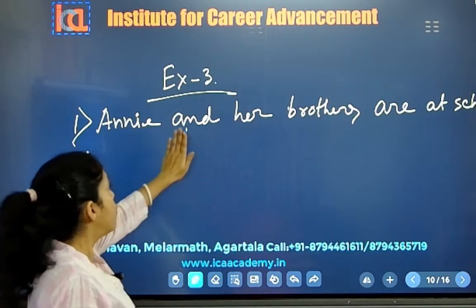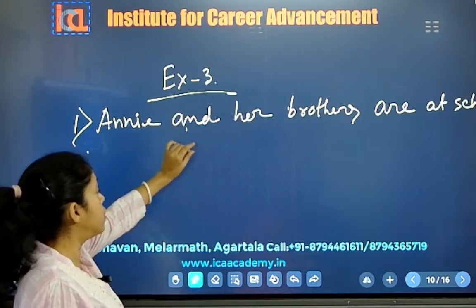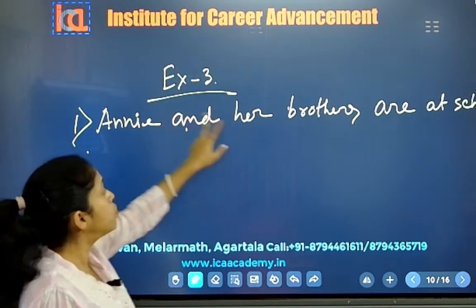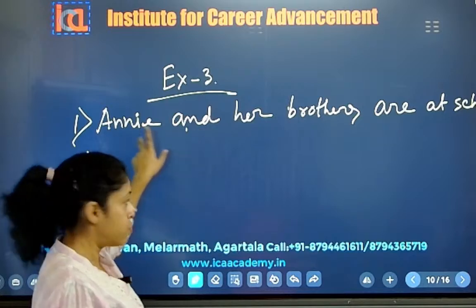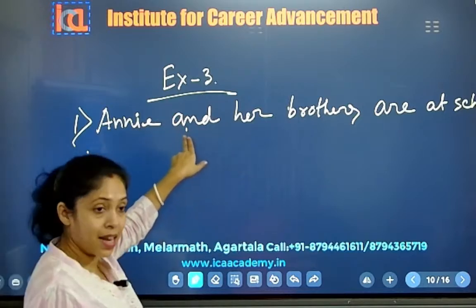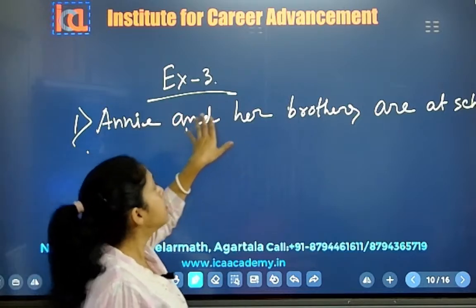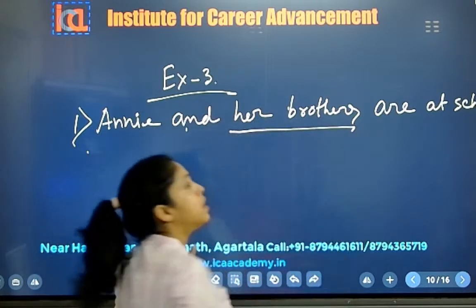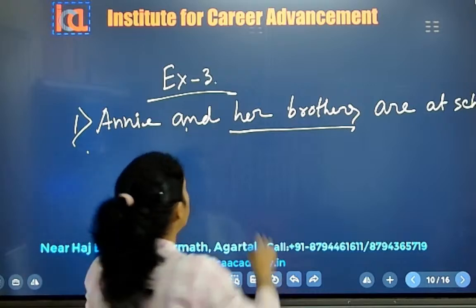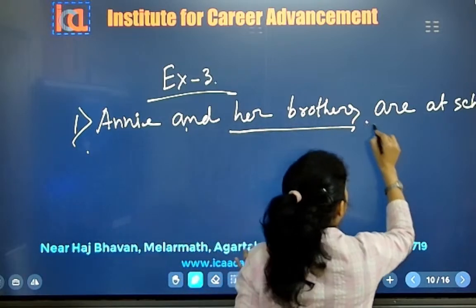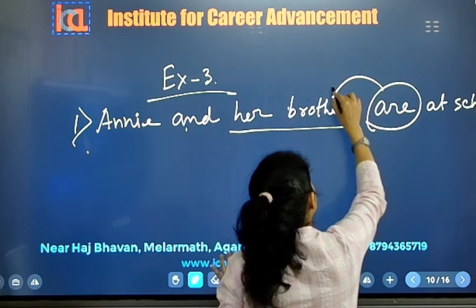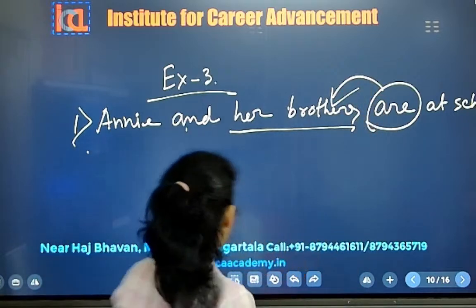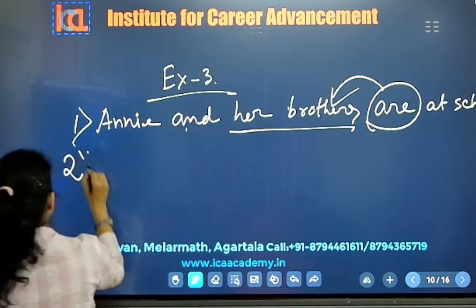Whenever two nouns are joined by and, then for using verb, we will always choose the second part of the subject. Annie and her brothers are at school. This is agreeing with the subject. This is correct.